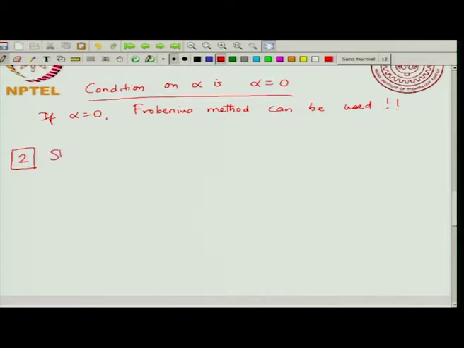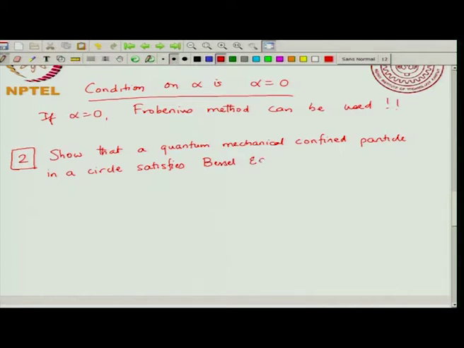So, show that a quantum mechanical confined particle, okay, in a circle, okay, satisfies Bessel equation. So, particle in a circle.